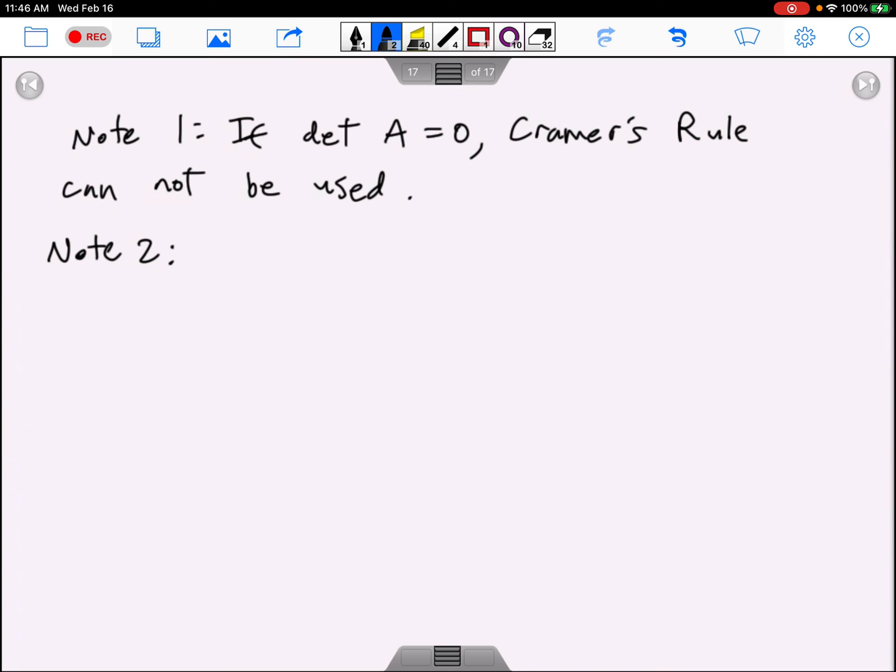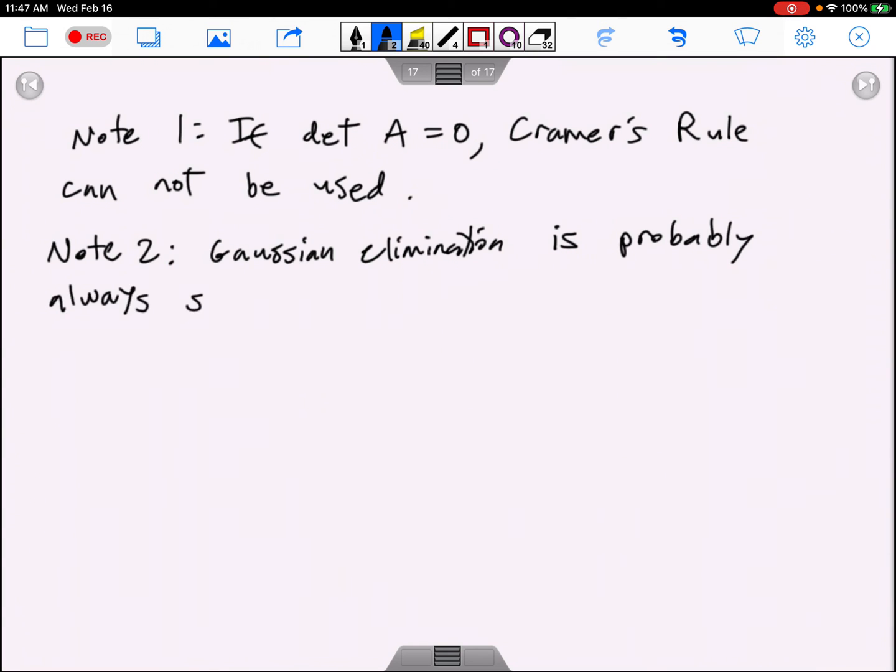Note 2: I would say Gaussian elimination is probably always still faster for solving a system.